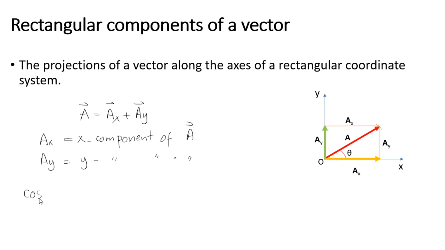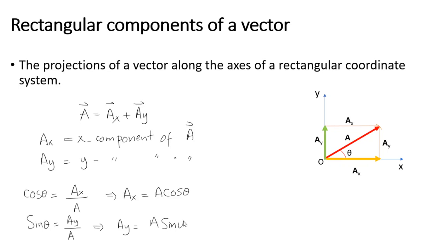Cosine theta is defined as base over hypotenuse, so from here we can write ax will be A cosine theta. And sine theta is the perpendicular of a right angle triangle to the hypotenuse, so ay will be A sine theta.